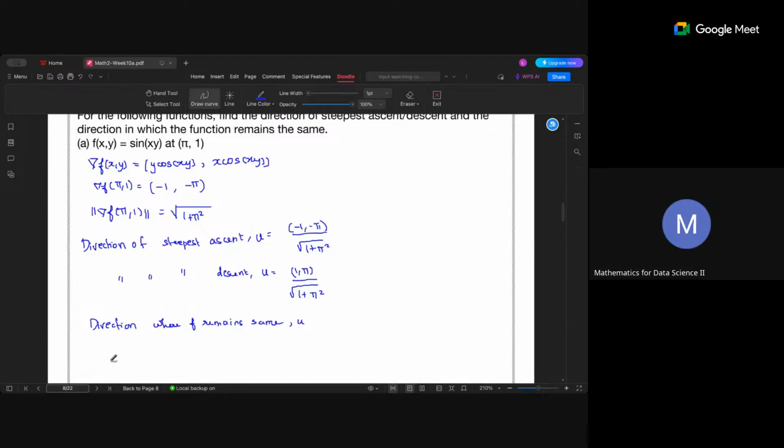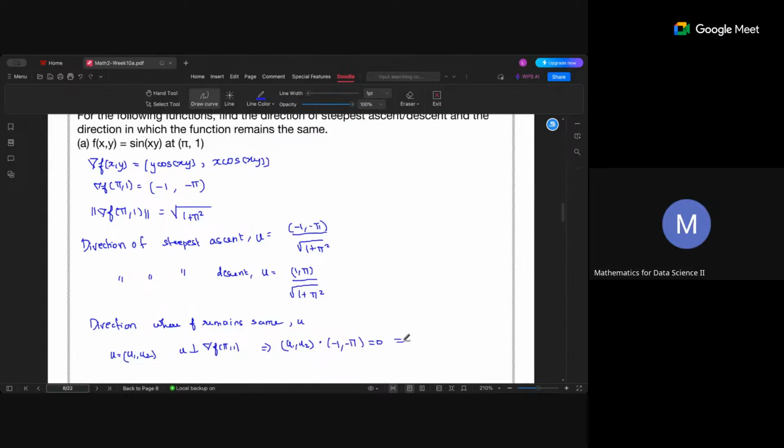So let us call u as u1, u2. Here we are in two dimensions. Now what do you know? This u is perpendicular to del f at pi comma 1, so the dot product is 0. u1, u2 dot product with minus 1, minus pi is 0.